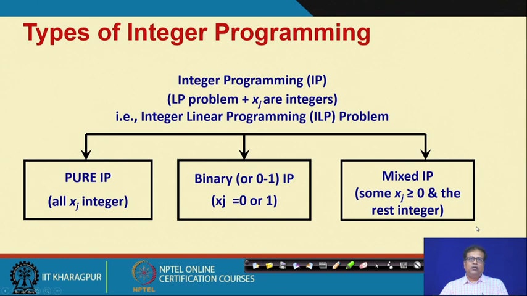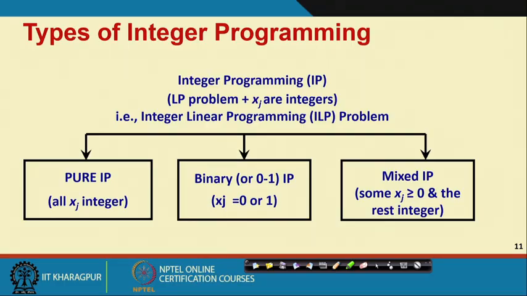So, let us see what are the different types of integer programming problems that we can have. The integer programming problem, mostly we shall discuss integer linear programming problem. I mean, you should know that the integer programming problem includes obviously non-linear programming problems also, but then for the time being we shall not really discuss non-linear kind of programming problems.